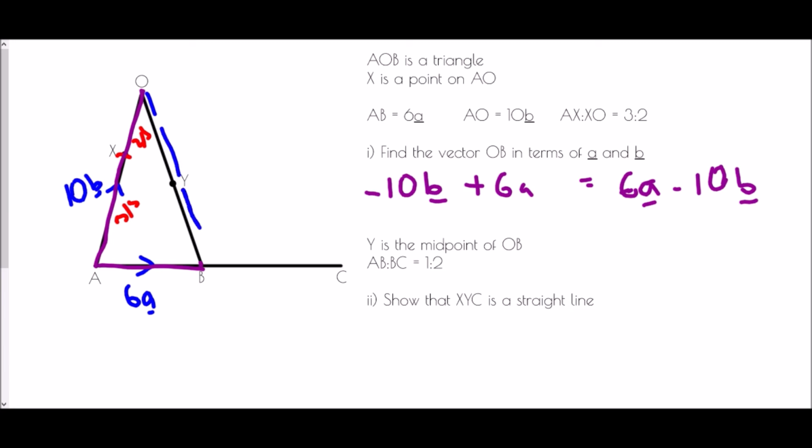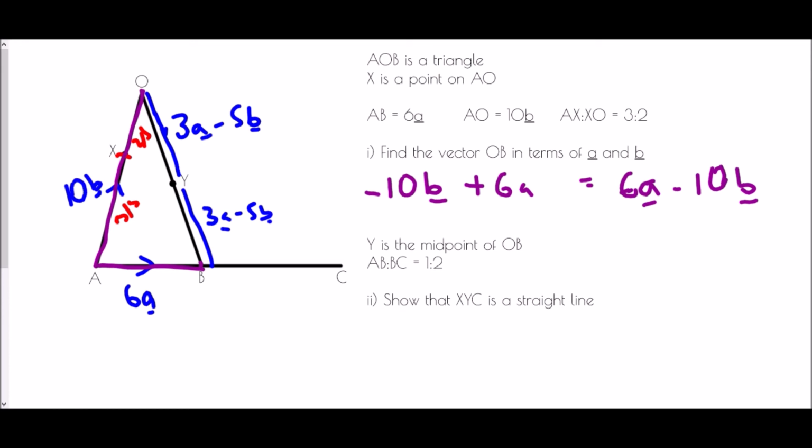OY and YB are the same length. Now we've already worked out what OB is. We know that OB is 6a take away 10b. So what we can actually say is that the first part here is 3a take away 5b. It is half of it. But we also know that this is 3a take away 5b because they are the same length.